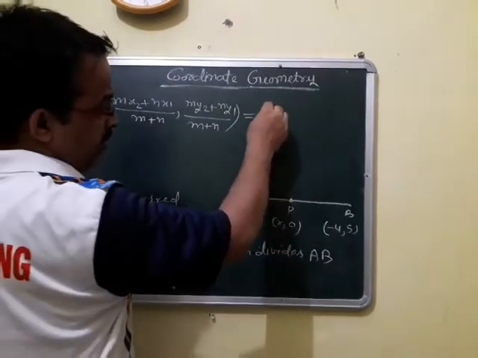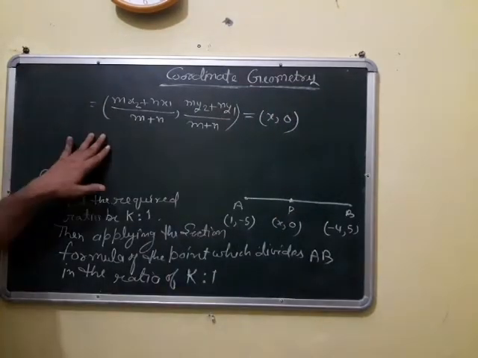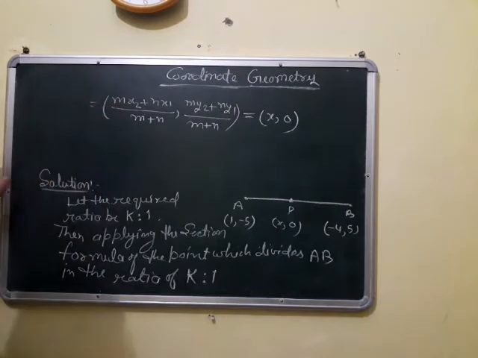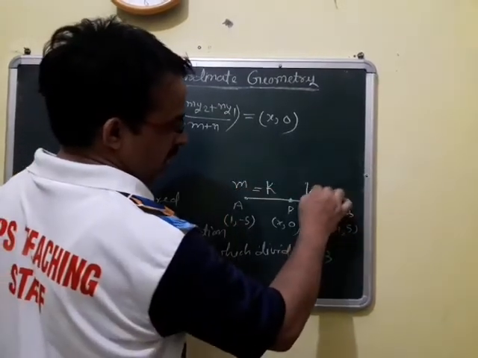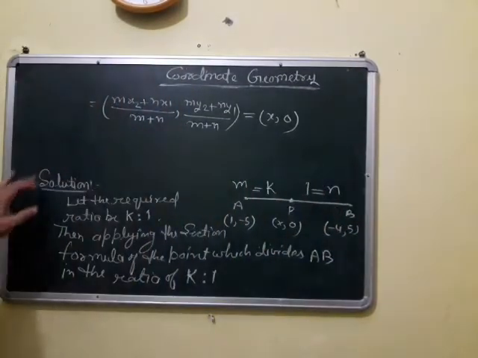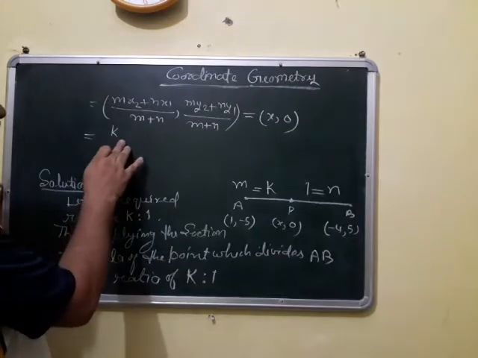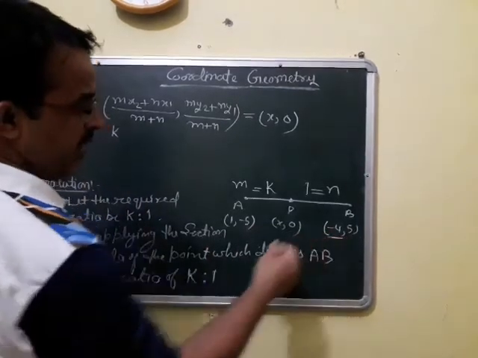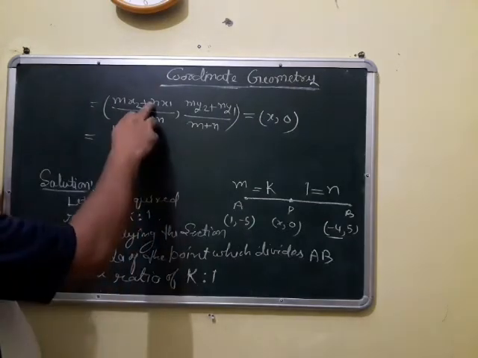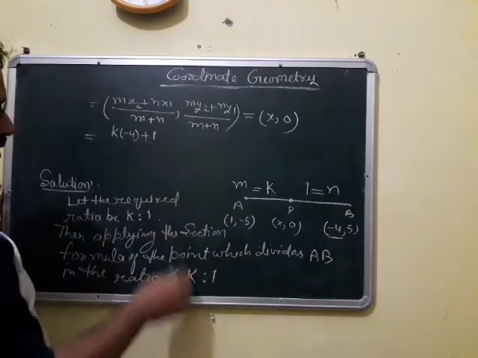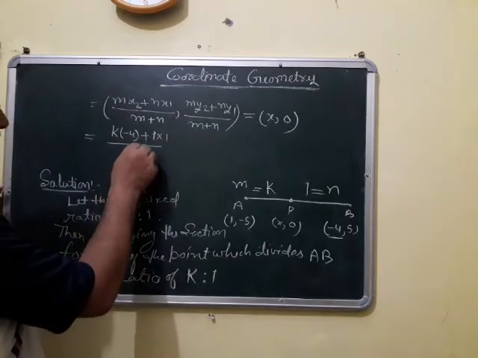And for x, which divides point P, so here is x, 0. Clear? Now here m is K and n is 1. So put m as k and x2 as minus 4, multiplied by minus 4, plus n is 1 and x1 is 1, upon k plus 1.